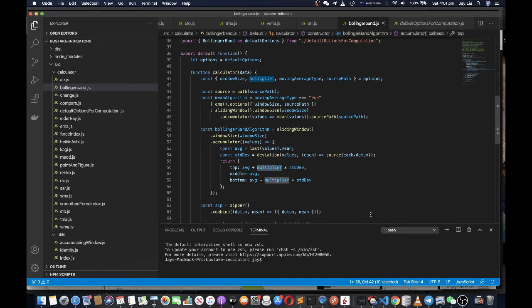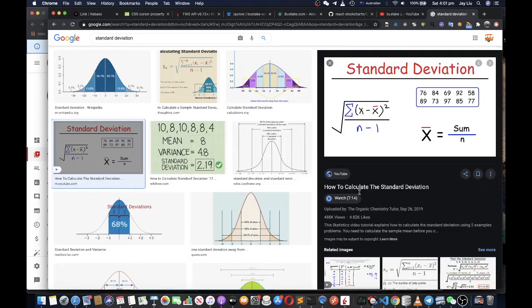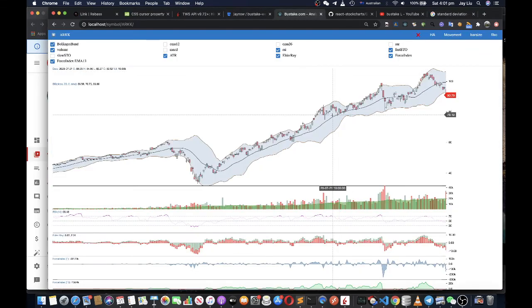Then we come back to the chart. Let's explain this. From this chart, you know when the stock price goes up, it will come to the upper bound of the Bollinger Band.